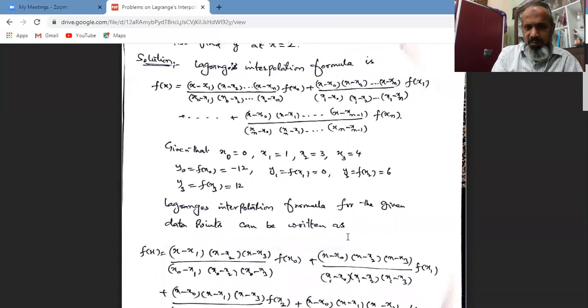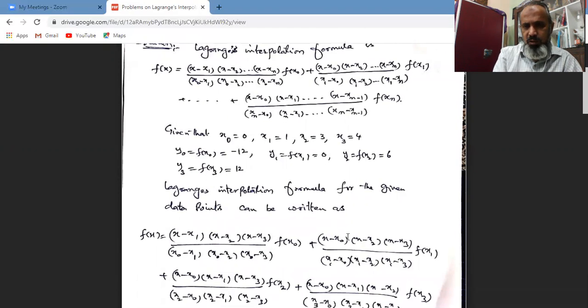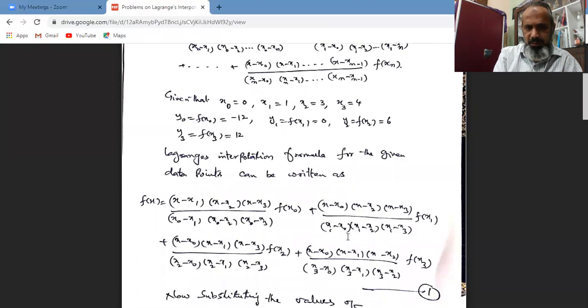Now what is Lagrange's interpolation formula for the given values of x and y? Since x0, x1, x2, x3, 4 values are given, the formula will contain 4 terms. The first term will be x minus x1, x minus x2, x minus x3.